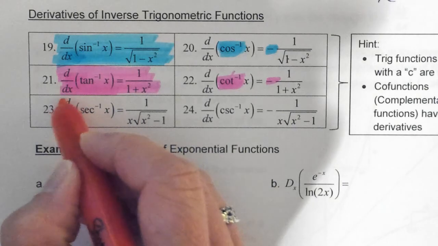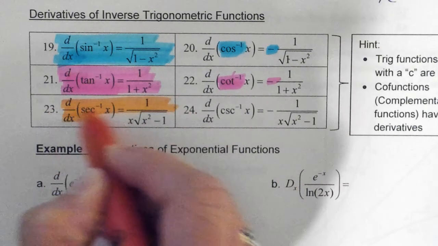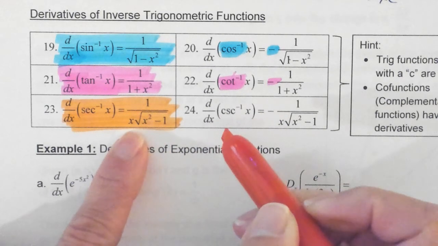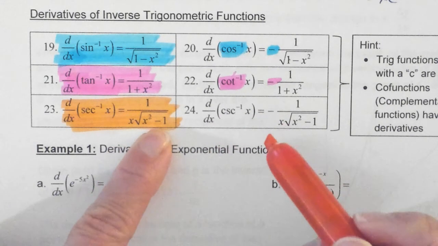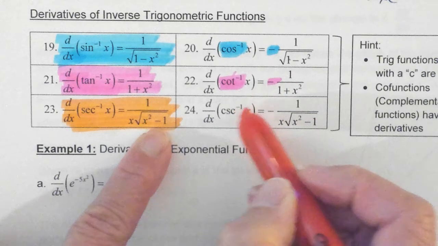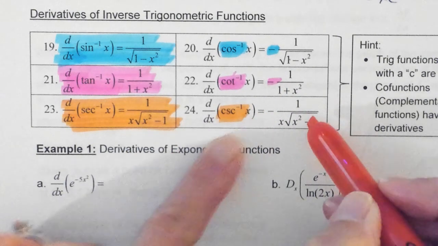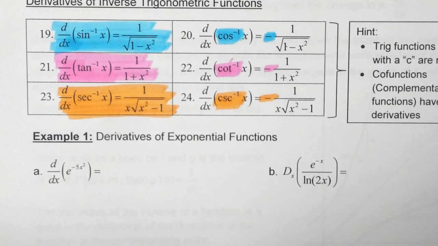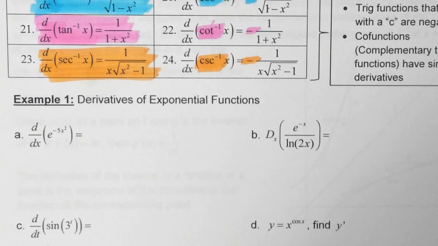The derivative of the inverse of secant, okay, is 1 over x times the square root of x squared minus 1, which is just another thing we have to remember. And then its complement is the inverse cosecant, and here we just have our negative. Okay, really, what our interest is, other than your drill quiz, I'm interested more in how do you apply, how do you use these, and that's one of the most important things.